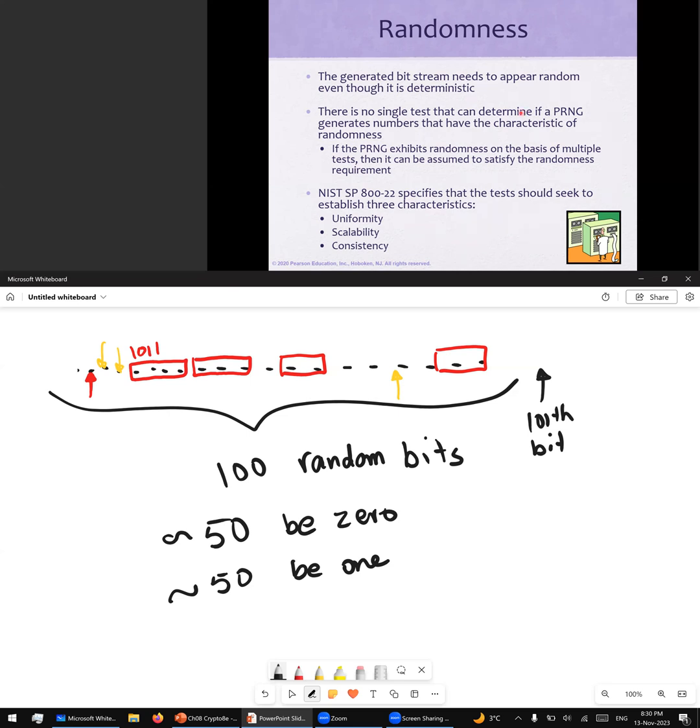Now, there's no single test that can determine if a PRNG, or pseudo-random number generator, generates numbers that have the actual characteristic of randomness. But there are tests that we can use to check these. For instance, the NIST SP 800-22 tests that we can carry out to find out if a random output satisfies three characteristics.